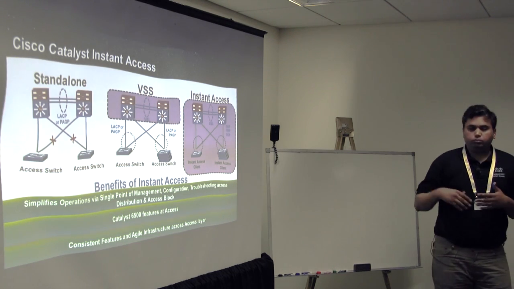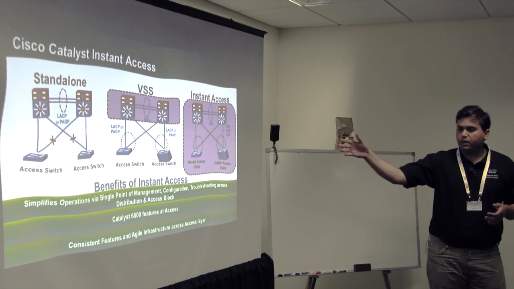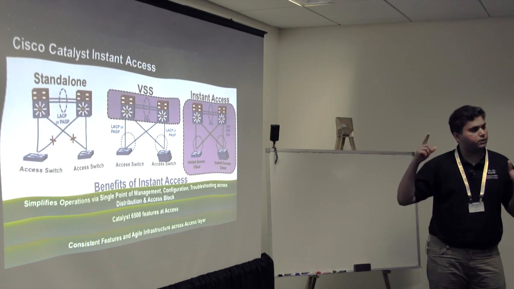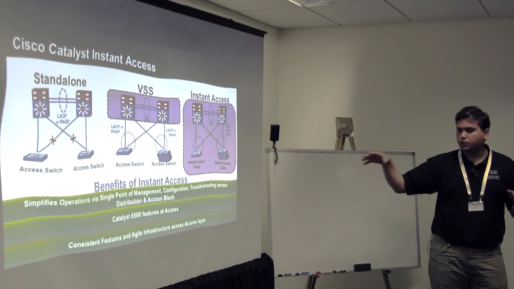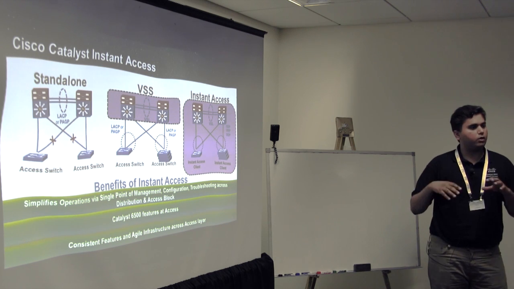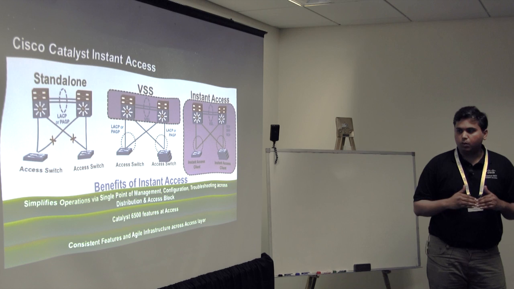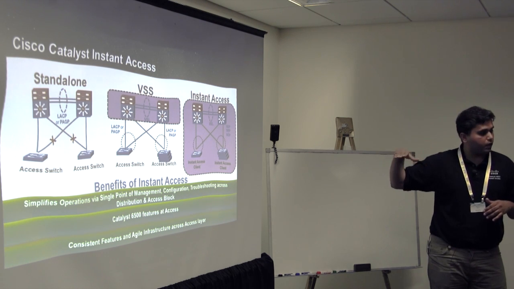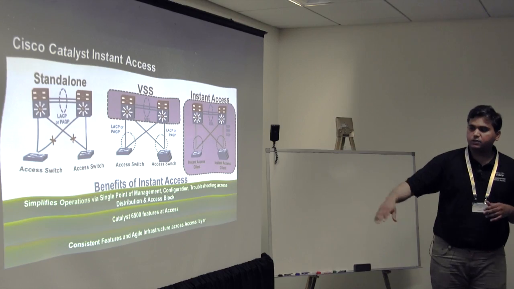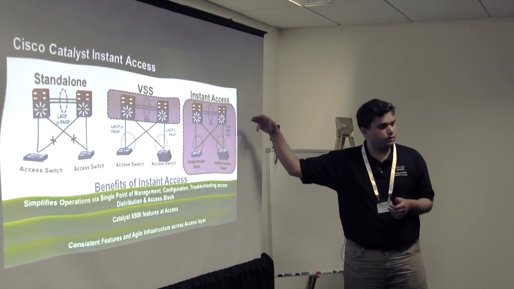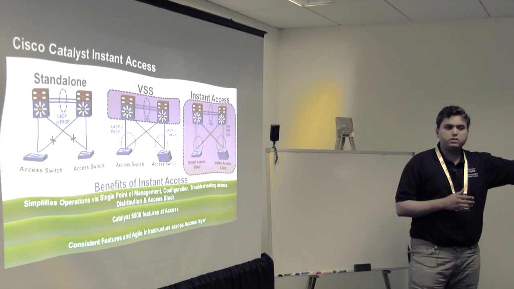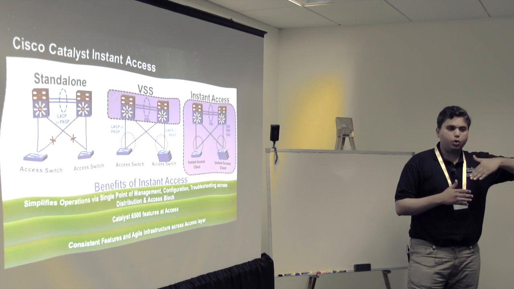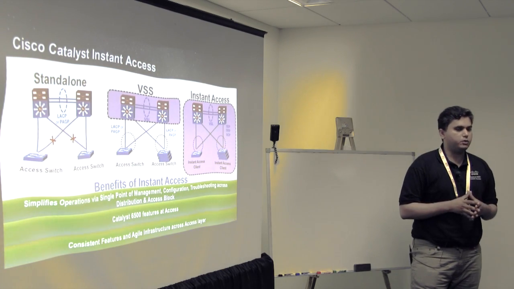So what are some of the advantages? Obviously it simplifies your network. You just have a single point of management, single point of configuration, single point of troubleshooting across your distribution and access blocks. Also, another advantage is that you get Catalyst 6500 features now at access. I'm sure you guys are aware 6500 has been around for quite some time, and supports a lot of features, I would say.